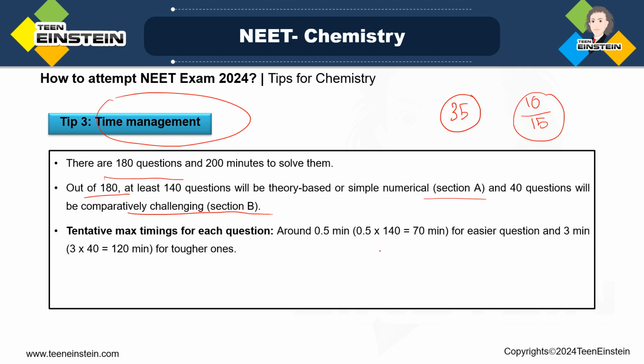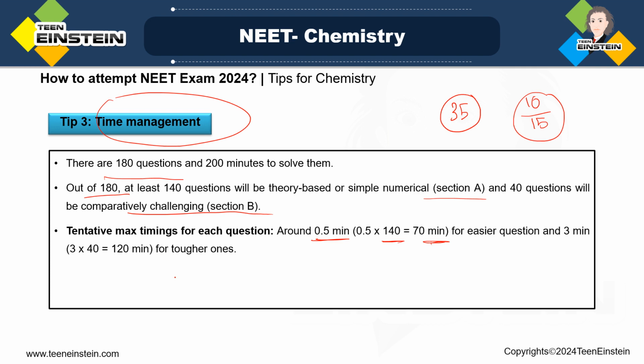Now, when we consider each question, the tentative maximum time is around half a minute for section A. Remember, it is tentative, because it is not always exactly 140. It is around 140. So if you spend half a minute, that is 70 minutes for the easier questions, and you can spend around 3 minutes for section B, that is 3 into 40.